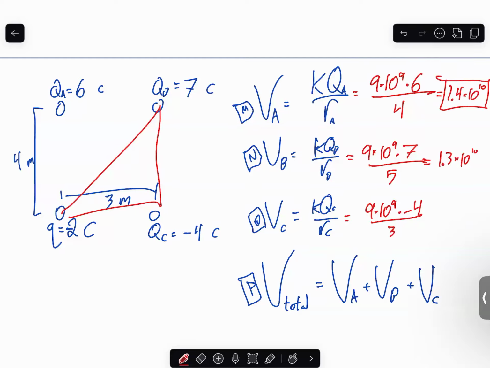You have to interpret: what is the distance from what to what? If I'm talking about the voltage of B, I ask what is the distance from B to where I care about. If I'm asked about the voltage of C, I look at charge C. How far are these two apart?